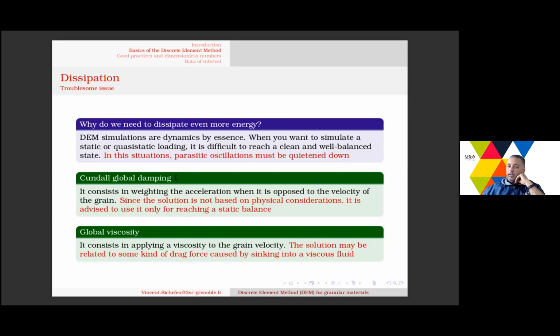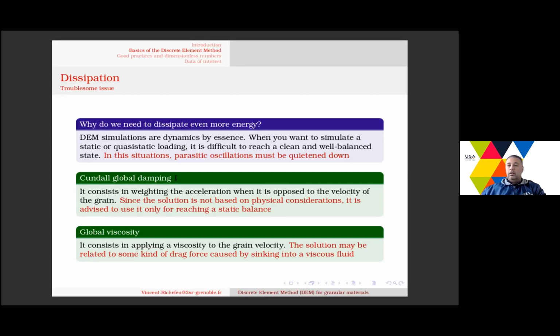It acts by weighting each acceleration, which is opposite to the velocity, component by component. So this is something which is like a parachute. It's okay to obtain a static situation, but it is not physical. You add a parachute to each particle. So be careful about this. It is implemented in any code you will find on the market, let's say.